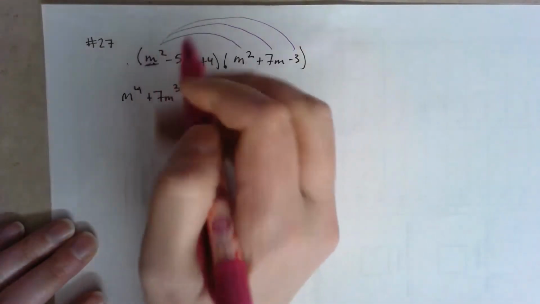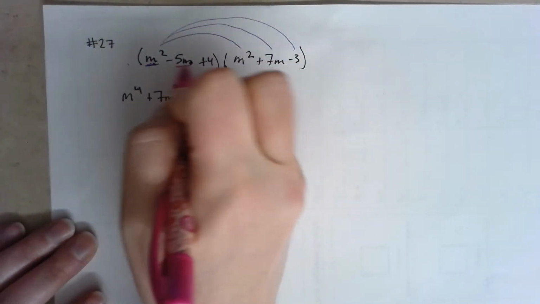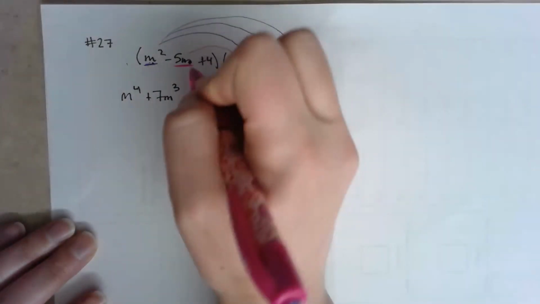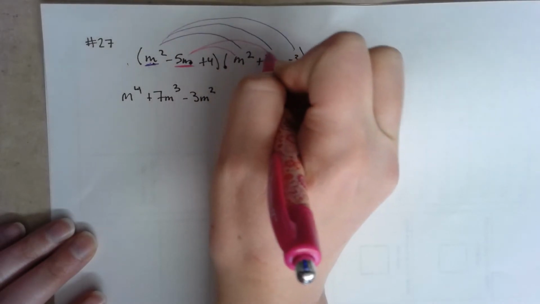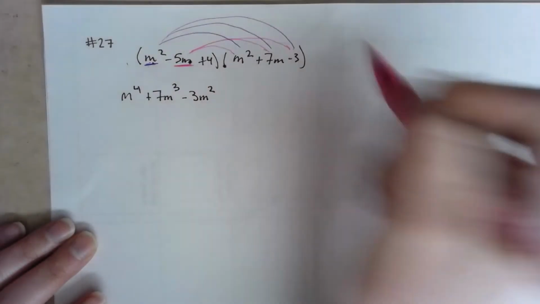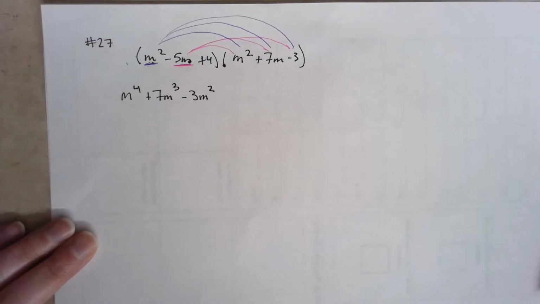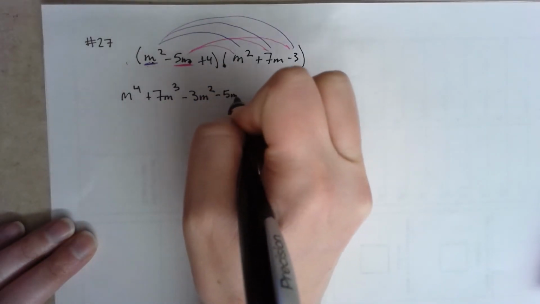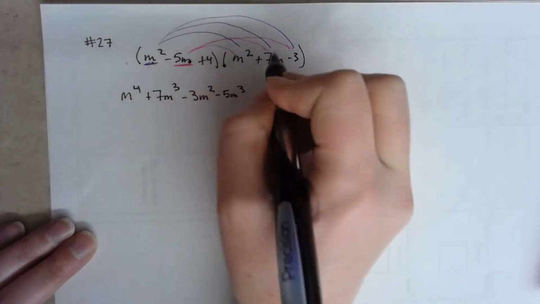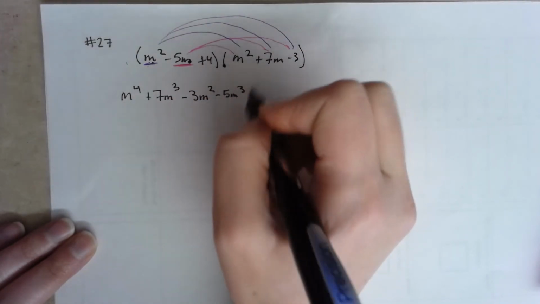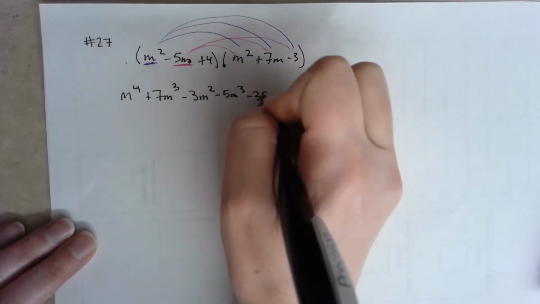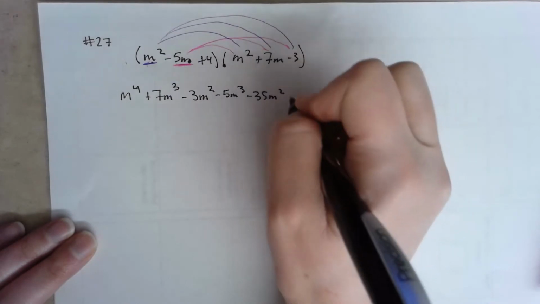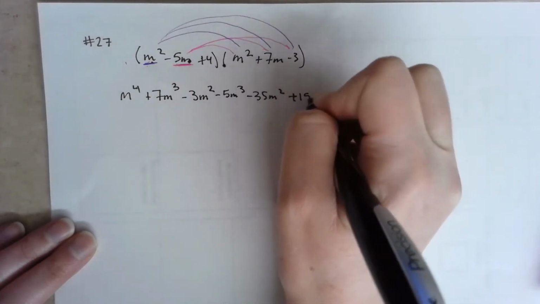Then this negative 5m gets multiplied by everything. Negative 5m times m squared is negative 5m cubed. Negative 5m times 7m is negative 35m squared. And then negative 5m times negative 3 is positive 15m.